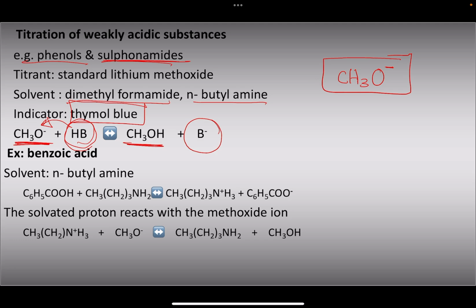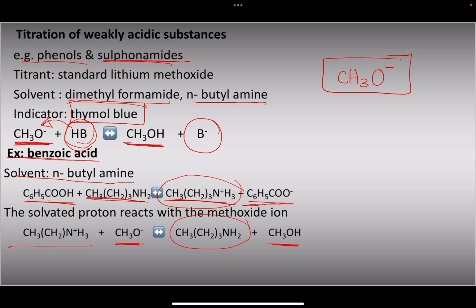For a simple compound like benzoic acid, the solvent here is n-butylamine. Benzoic acid interacts with n-butylamine that becomes protonated, and benzoic acid is converted into benzoate. Then the solvated proton interacts with the titrant, that's the methoxide, to release the free solvent again and methanol.